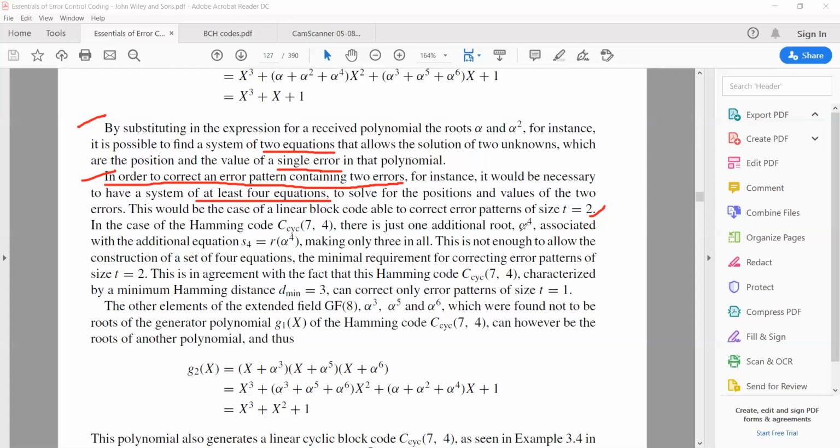Have you understood? So when we are determining two errors in the received code polynomial, we have to make at least four equations. But here we have only three roots: alpha square, and alpha to the power 4 associated with the additional equation, making only 3 in all.